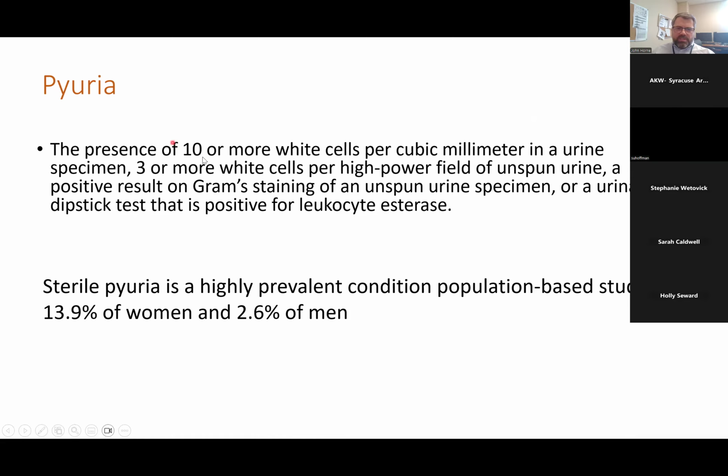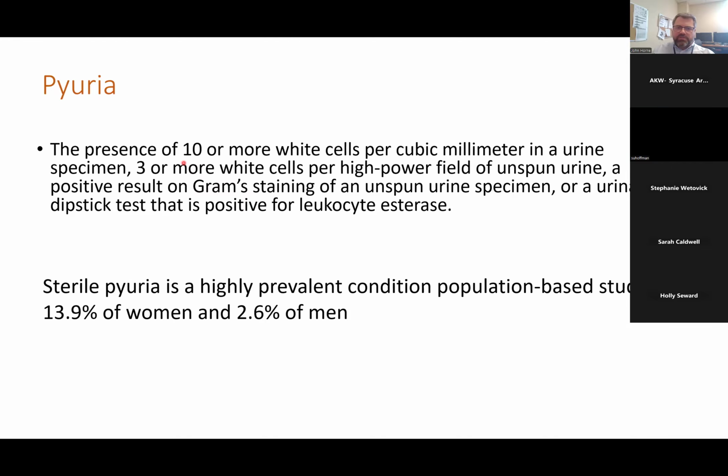So if it meets that and it reflexes to culture, and really it should have only been done in the first place if the patient is having symptoms, right? So if they're having symptoms and then you get it. Now, if the patient is not having symptoms and they have sterile pyuria, so they just may normally have white cells in their urine, and then they also, as we said, have asymptomatic bacteria.